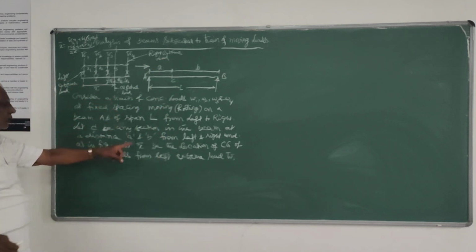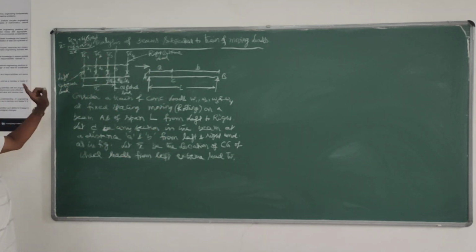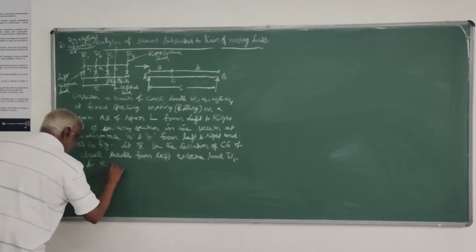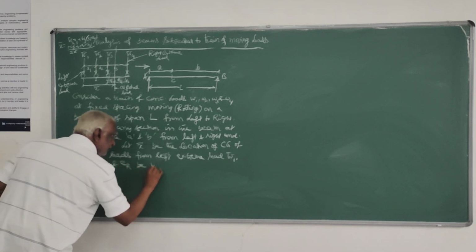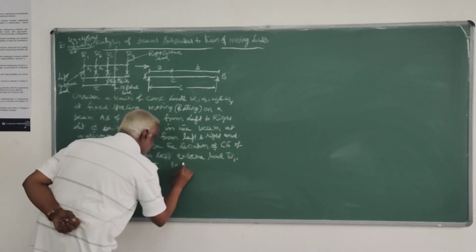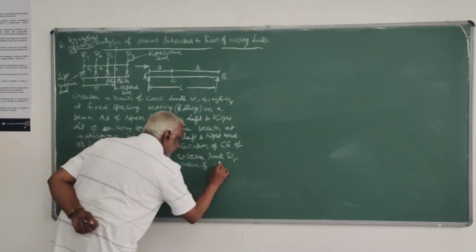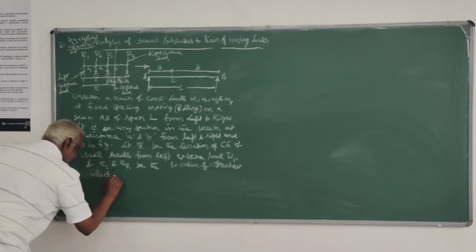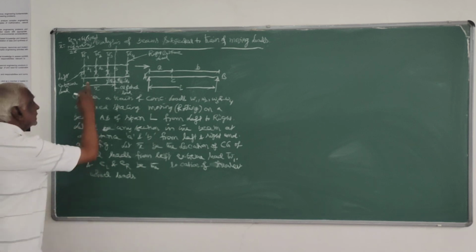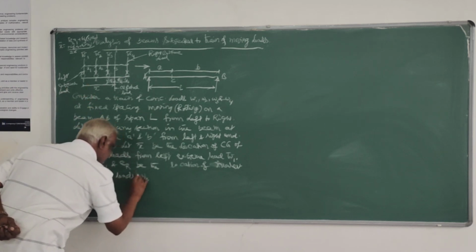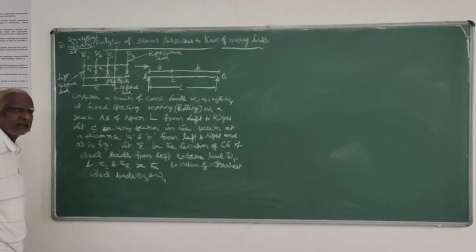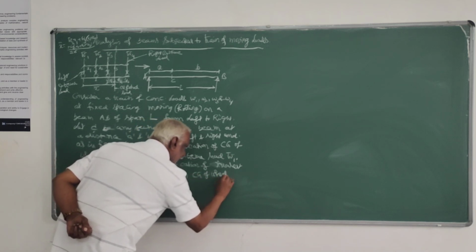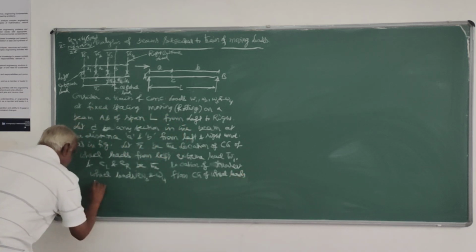So let x bar be the location of CG of these wheel loads from the left extreme load W1, and EL and ER be the location of wheel loads nearest, that is W3 and W4, from CG of wheel loads on either side.